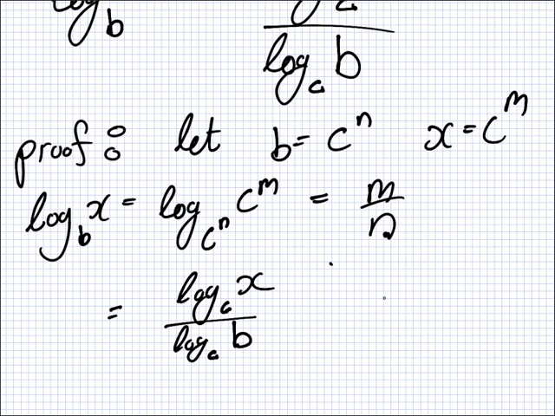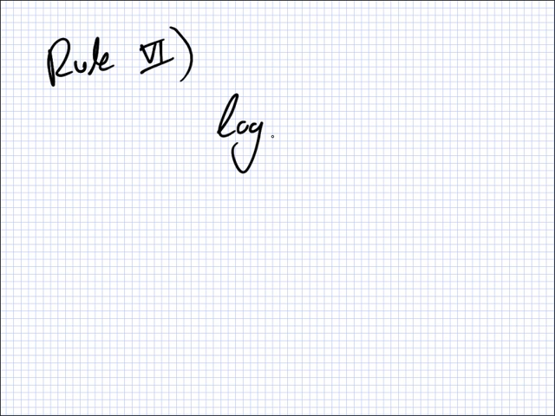Right. Can we go on to number 6 now? Yeah. So rule 6 is more like just a list of some things you can and can't do. So for example, log base b of 1 will be 0.